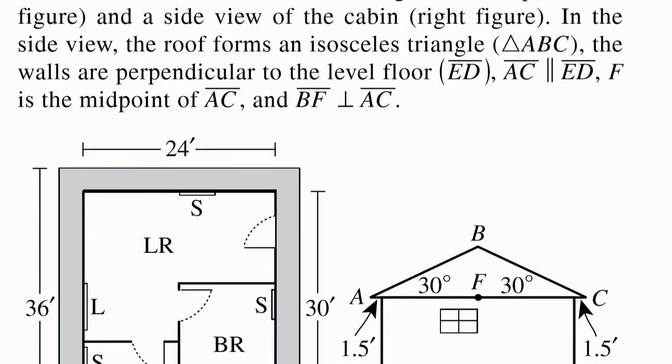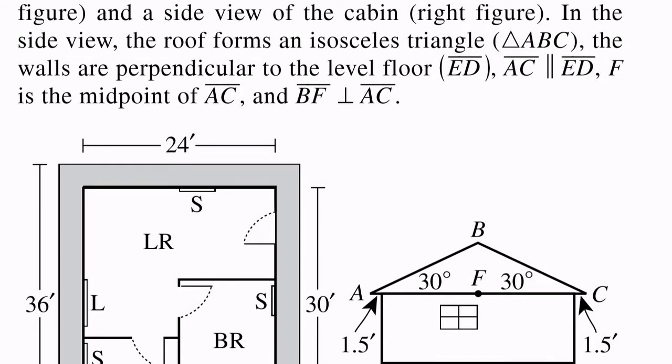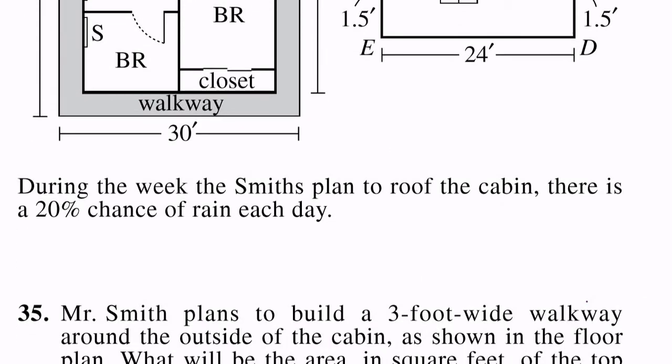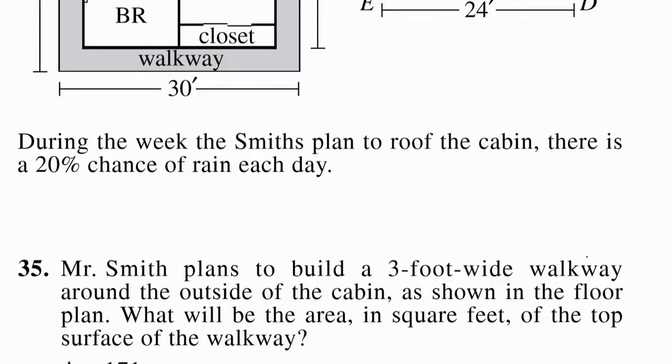The walls are perpendicular to the level floor. Line AC is parallel to line ED. F is the midpoint of line AC, and line BF is perpendicular to line AC. During the week the Smiths plan to roof the cabin, there is a 20% chance of rain each day.